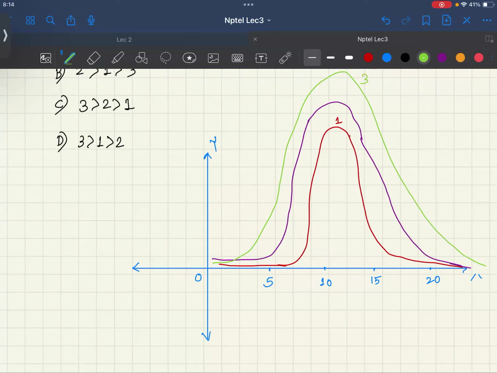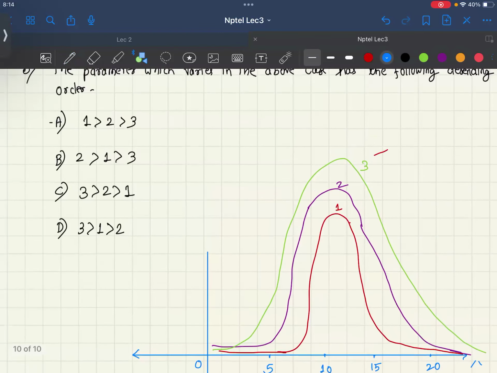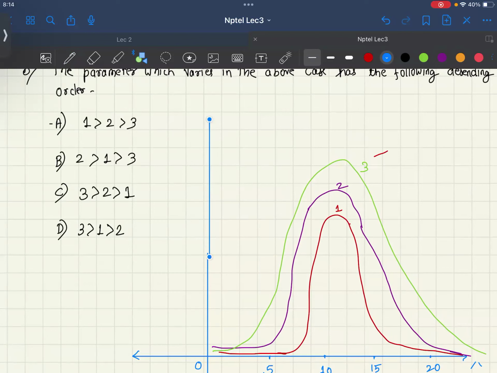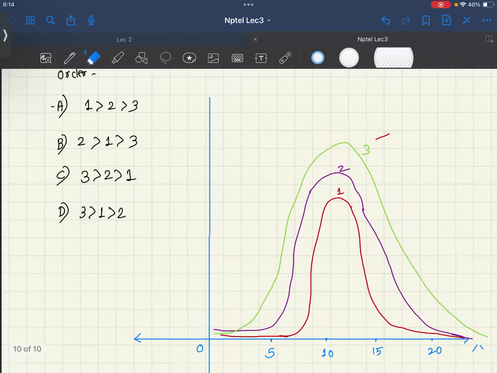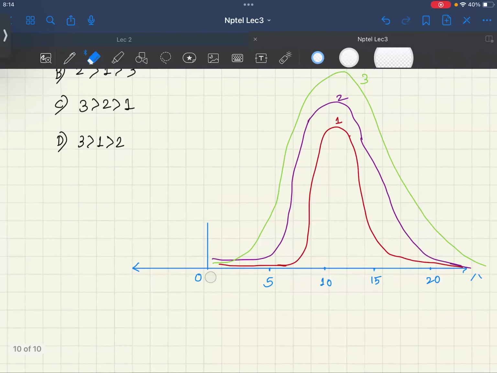Okay, this is the third one, and this is the second one. Okay? Maybe I can extend the first, and just follow me. This is one. Okay, so this is a Gaussian. These are three Gaussian plots.